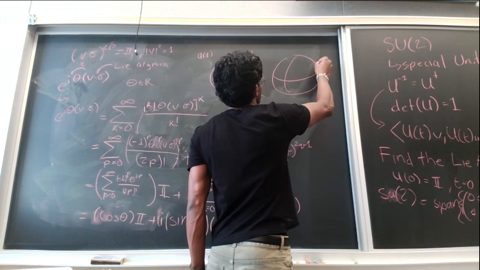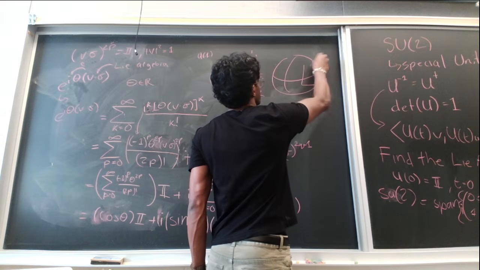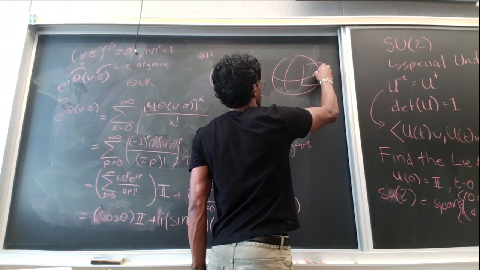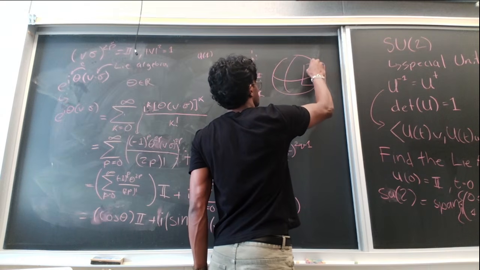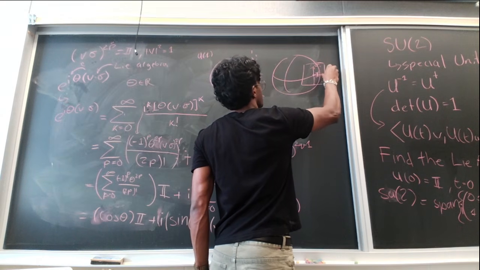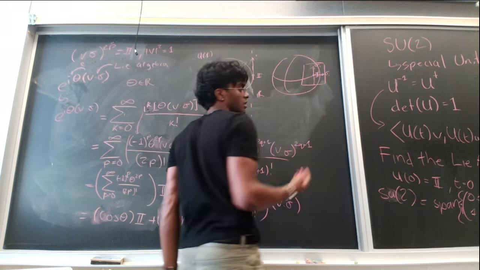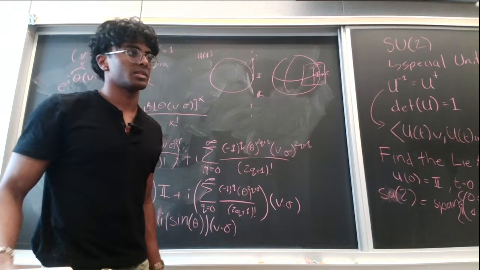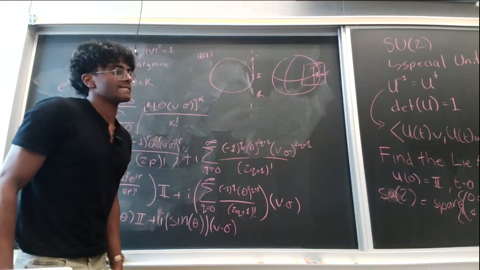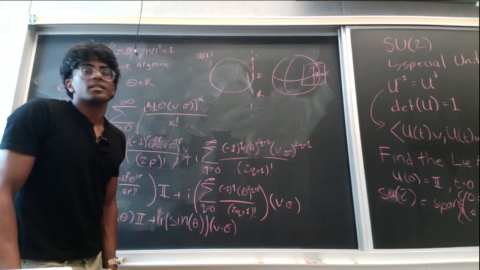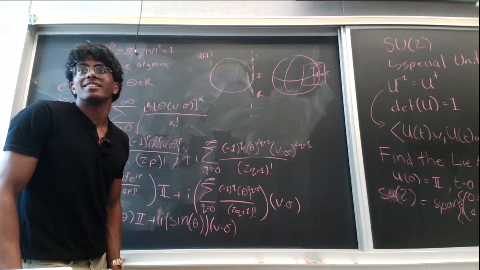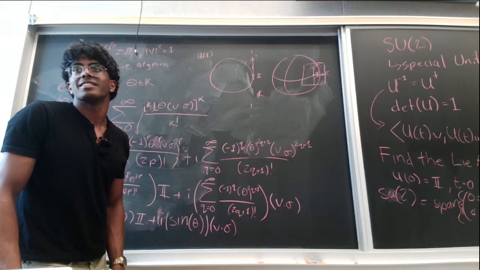But if you compress one dimension, then we get the same thing where this is I, and each of the Pauli matrices takes you in one direction. Well, SU2 is not a sphere. Or sorry, the group SU2 is diffeomorphic to the 3-dimensional sphere.